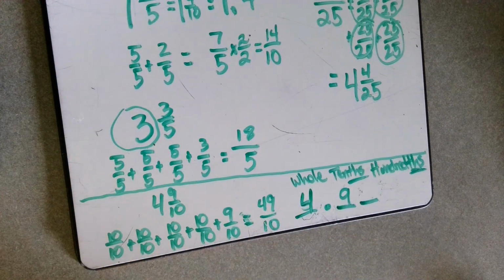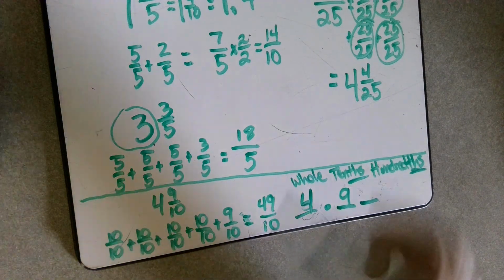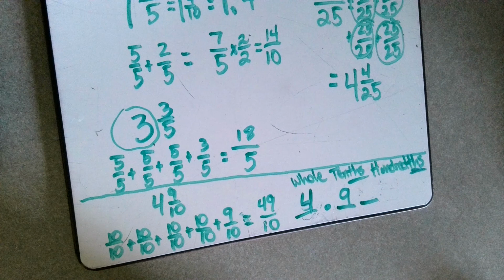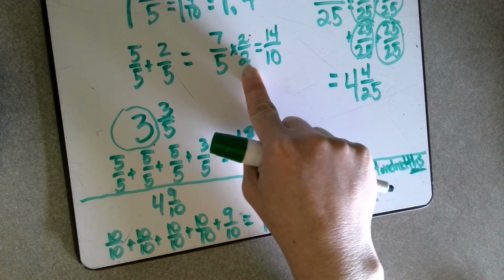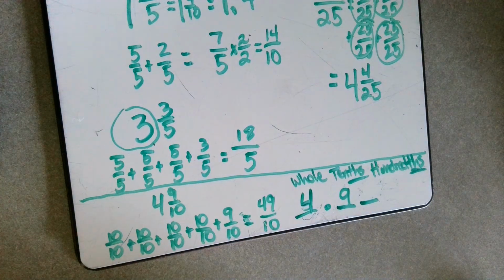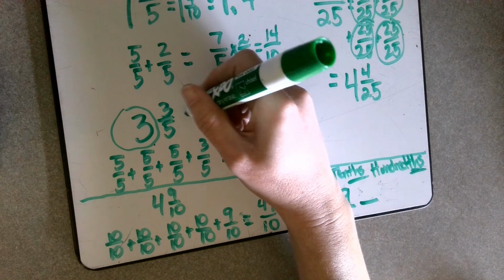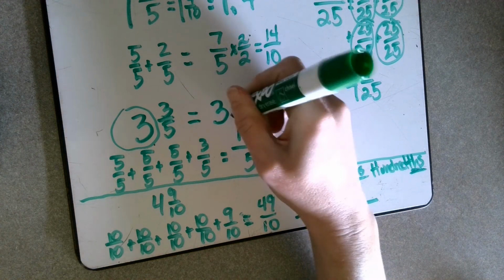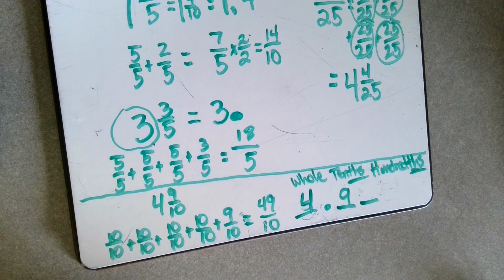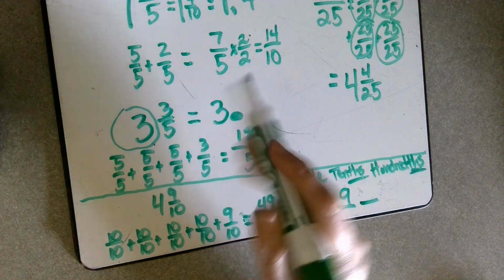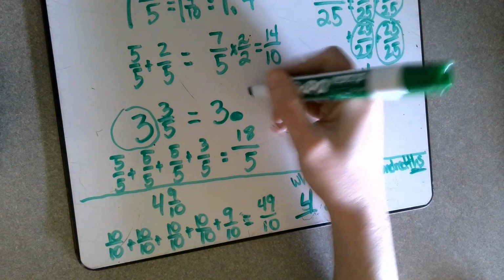Let's try that with 3 wholes and 3/5, right? Right up here, we multiply the numerator and denominator by 2 halves, or 1, right? So we can do that same thing here, right? So if I got 3 wholes, right, and then 3/5, there's no such thing as a fifth column, but I can convert my 3/5 into 6 tenths, right?